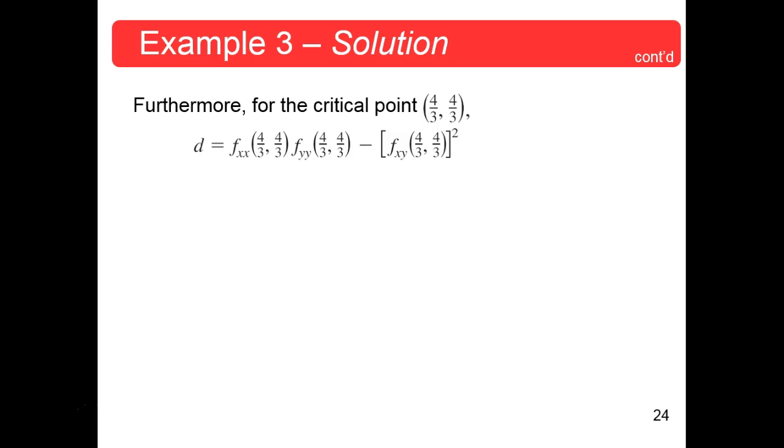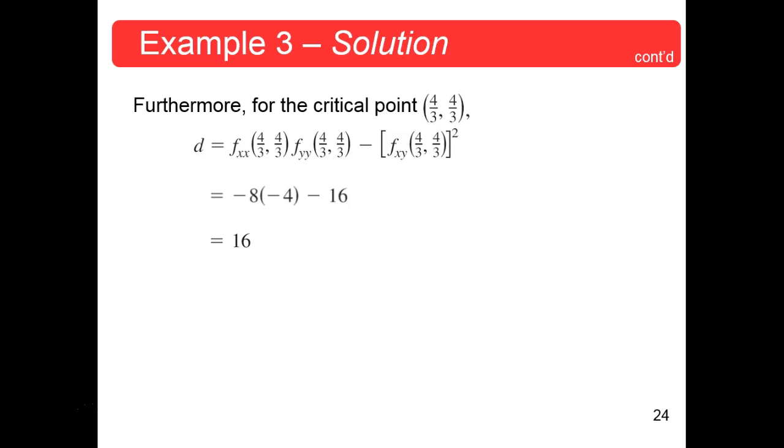So let's do the same thing using the same values for 4/3, 4/3. This was the hairy one as far as all the numbers went. A negative 8 times a negative 4 is a positive 32 minus 16, and that gave you exactly 16. Positive. The D is positive.